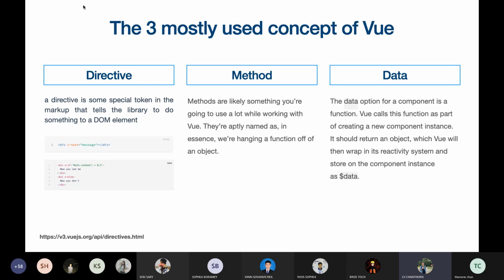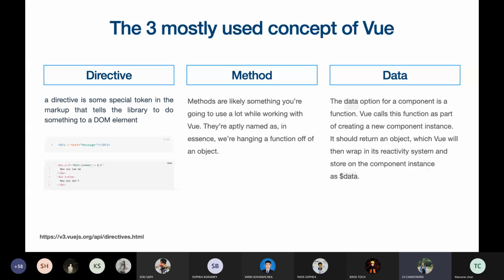Just like in HTML, you have HTML markup like span, paragraph, or header. In Vue.js, it has its own directive as well. It is in the form of an attribute. You can write it as an attribute. You see in the picture below.